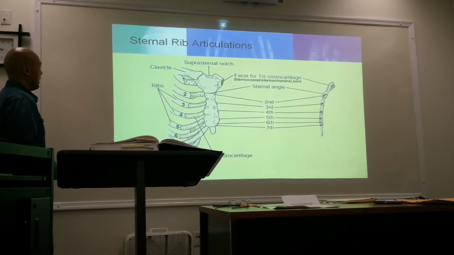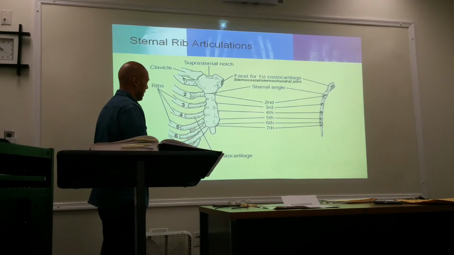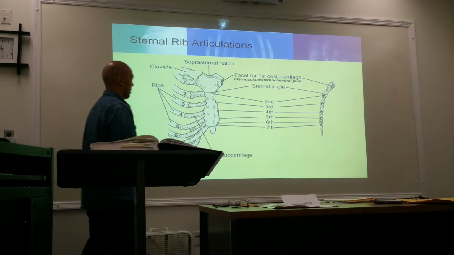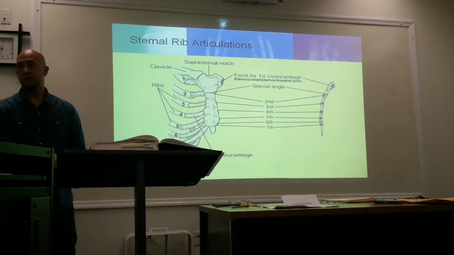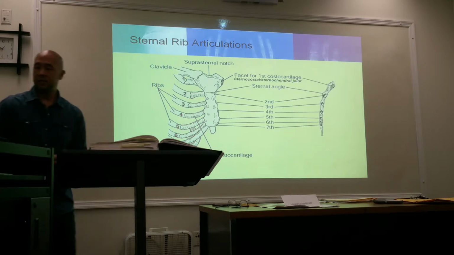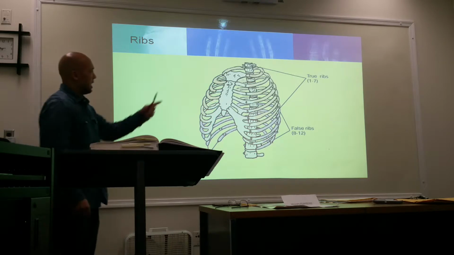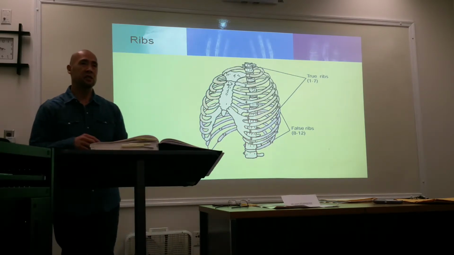Now we have facets in the sternum that allow for the articulation of the ribs, and you only have 7 facets on the sternum. Because of that, it defines how the different ribs are classified, 1 through 7, because you have the facets that allow articulation.